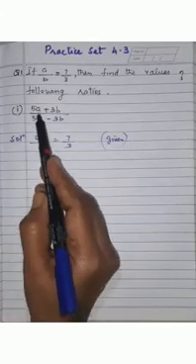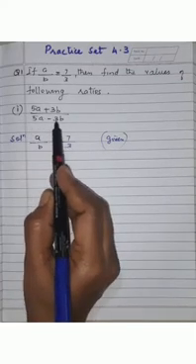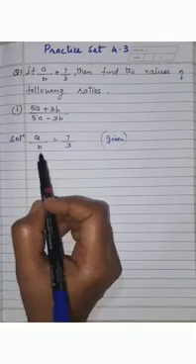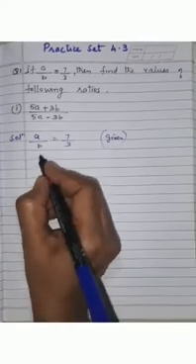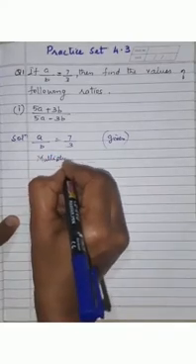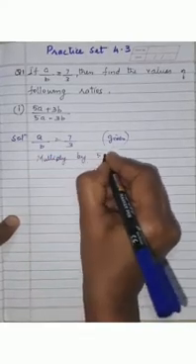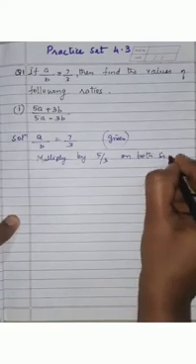Now children, the next step is we have to see the coefficient of a and b. Here the coefficient of a is 5 and the coefficient of b is 3. So along with a and b we need to have 5 and 3. So you will multiply by 5 upon 3 on both the sides.